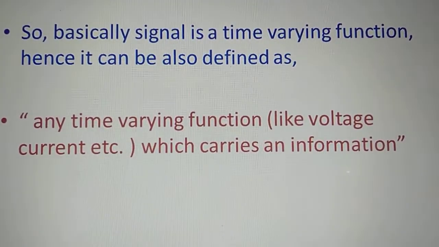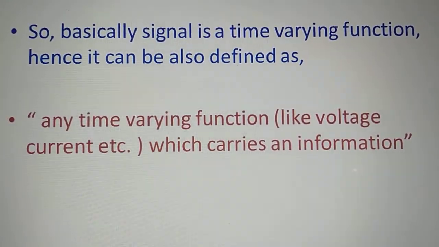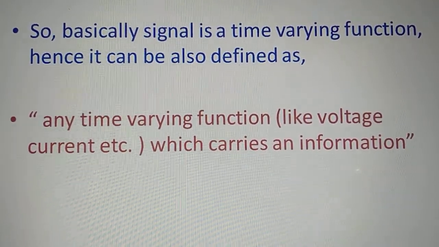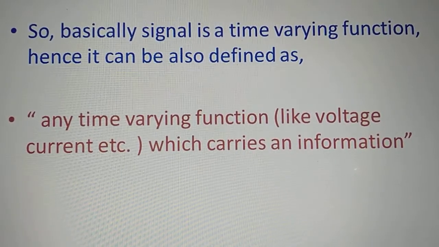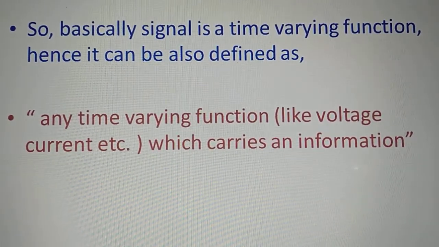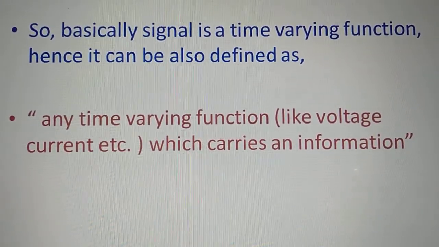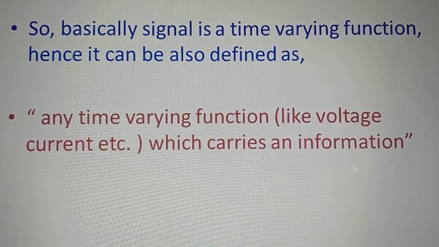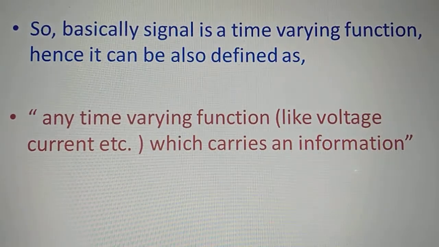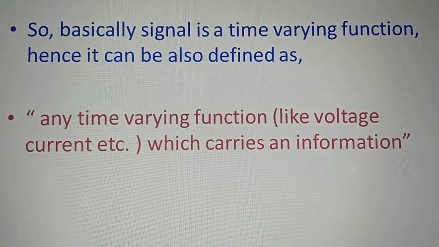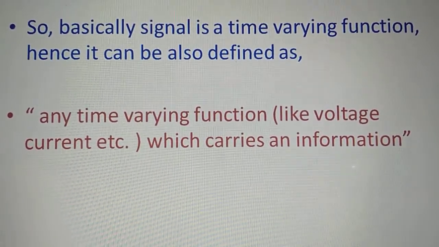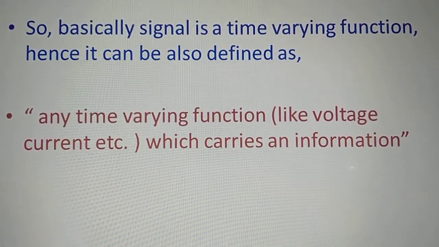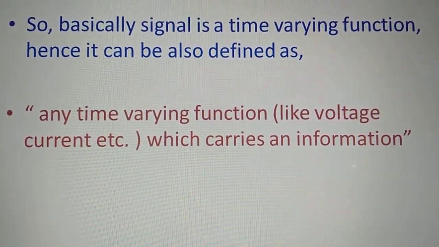So from this graphical representation we have made the definition of a signal. A signal is basically a time varying function, and therefore, based on this, we have made the definition: a signal is any time varying function like current, voltage, electric field and magnetic field, which carries important information.